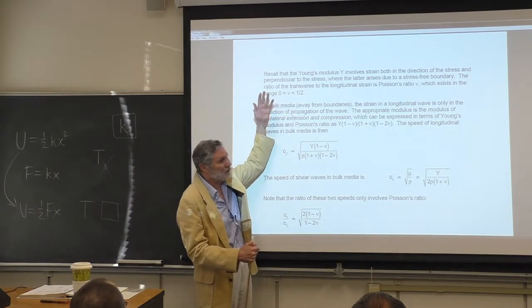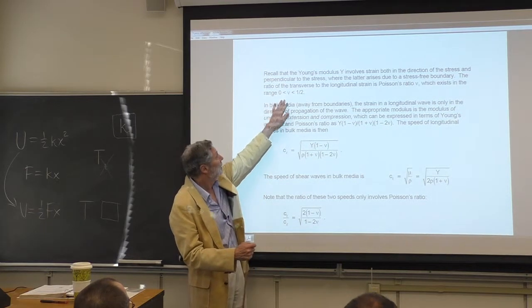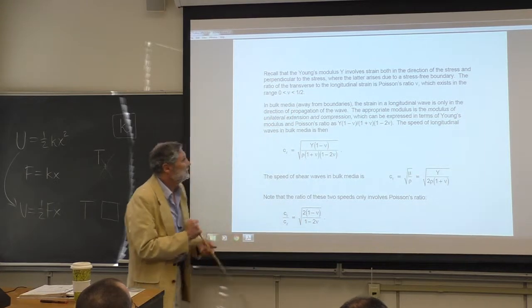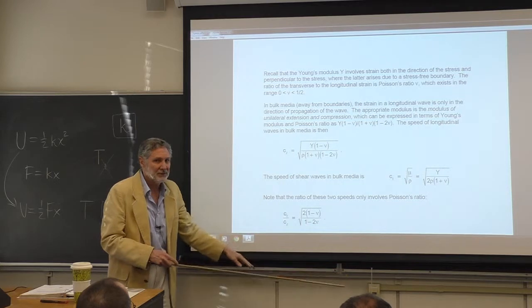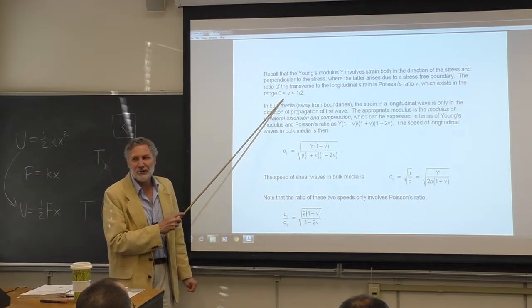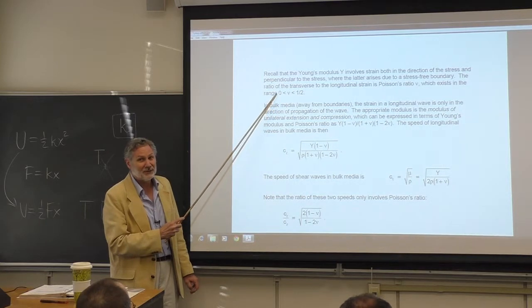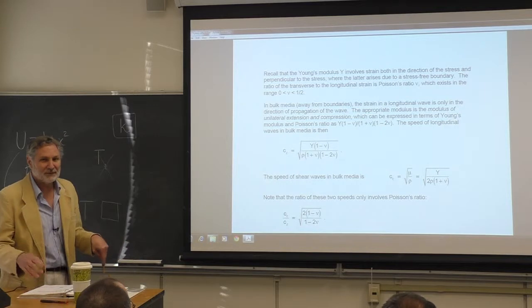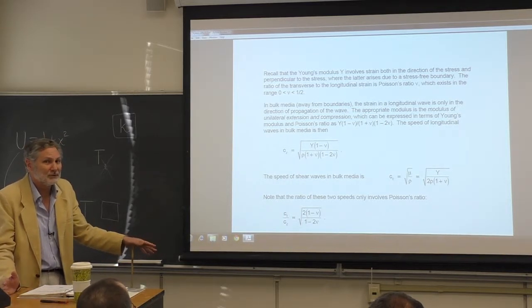But for standard, ordinary materials, the kinds that we're going to be dealing with, Poisson's ratio is restricted to within this range. This is really not important to us, but if you dig deep into these expressions that you're about to see here, you can get some nonsensical results if you don't understand that nu is restricted to this range. So what happens when you have some of these modern weird materials? I don't know. But people are exploring that, right?